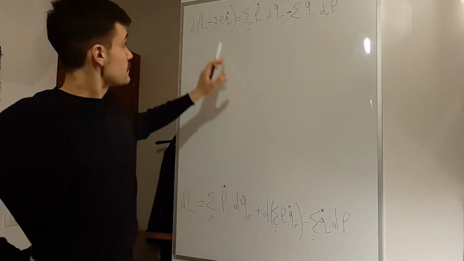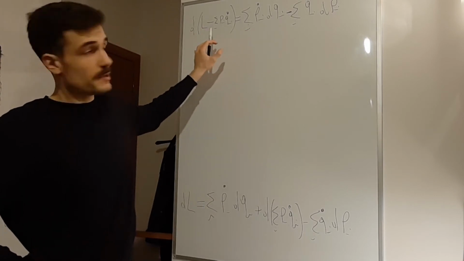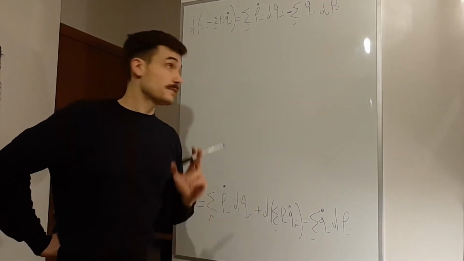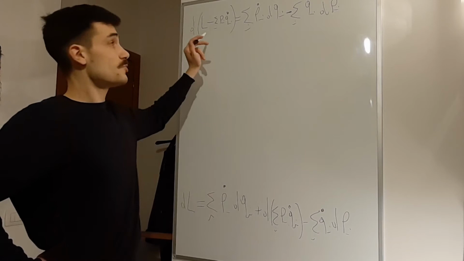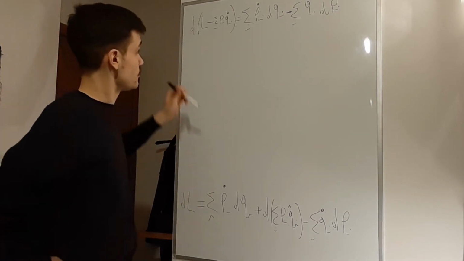Now, you may notice that this is already something that we might be interested in, because it depends on positions and on the momenta. But there is still one step, because this is only quite similar to something we already know, but isn't exactly what we want it to be.